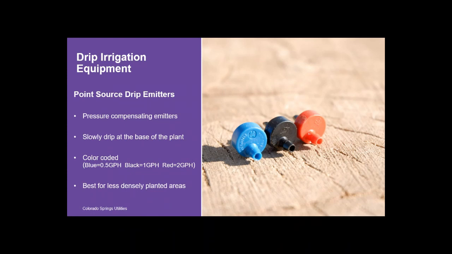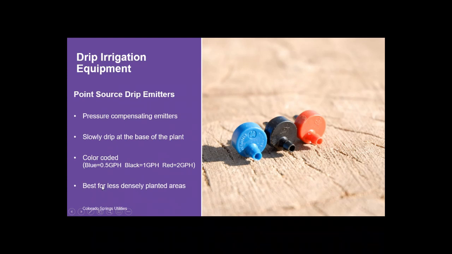That way you're not getting crossed up, thinking that you're applying 1/2 gallon with a blue emitter, but another manufacturer has a blue emitter that's applying 2 gallons per hour. So just make sure you stick with those manufacturers.